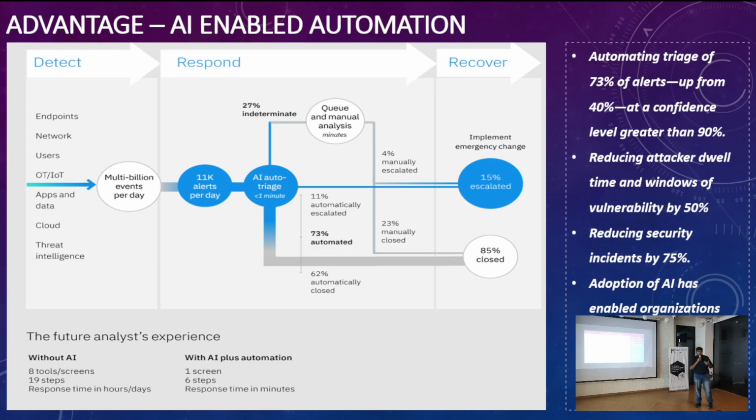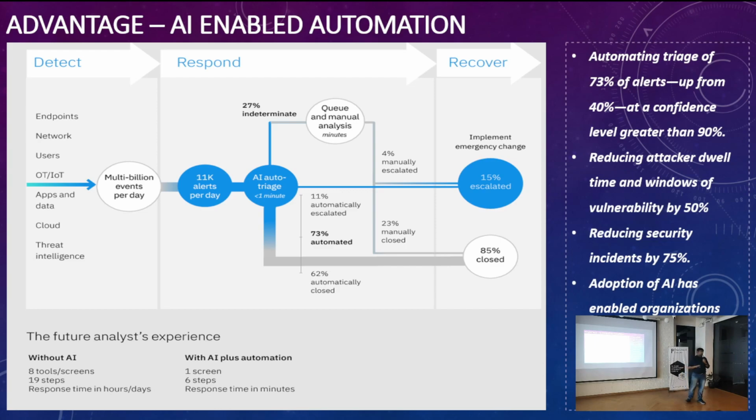We monitor different device types like endpoint devices and network devices. Events are collected from these devices and monitored. On a daily basis, there will be at least billions of events in large enterprises, and from those events, alerts are triggered. This is on average 11,000 alerts per day.